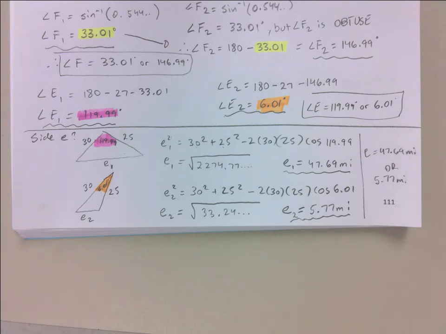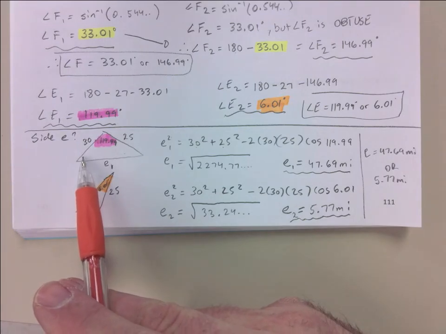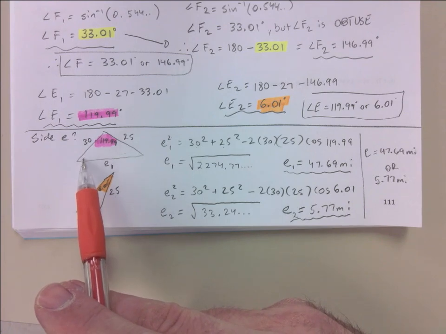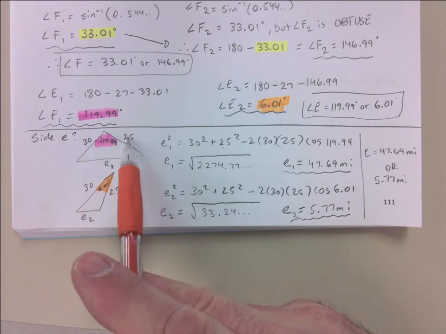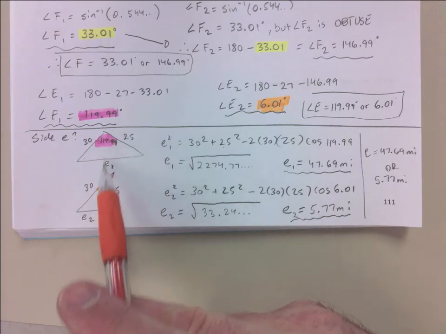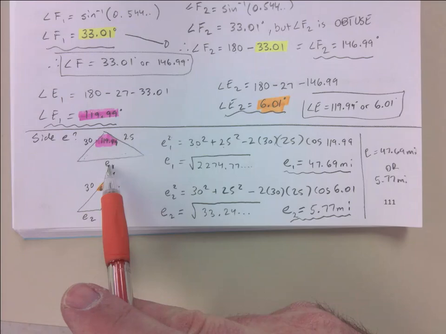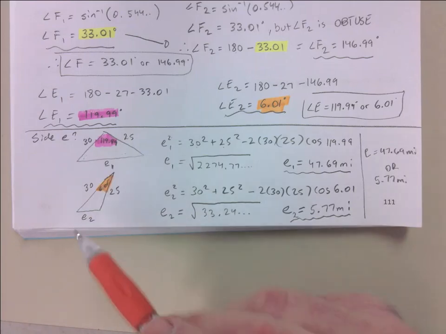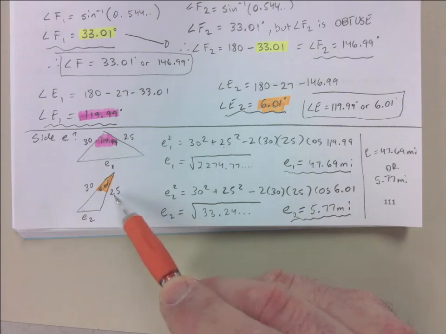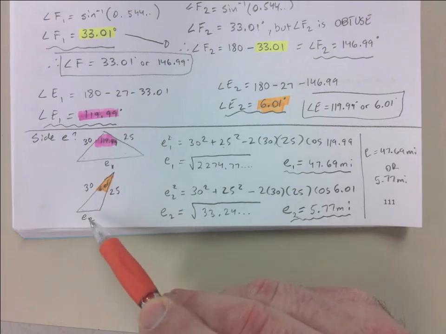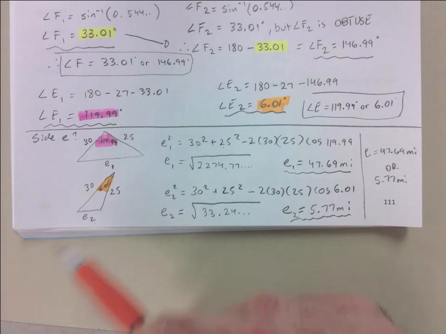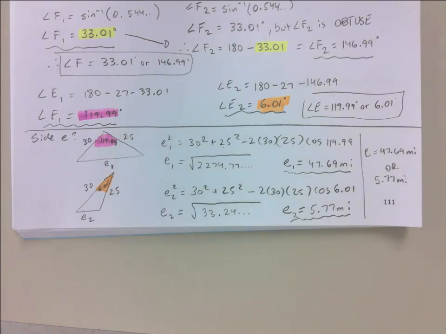But make sure you understand what this angle here technically is. What's this one? 27, right? 27, so you have a pair. You could use that pair and then use this angle to solve for that side using sine law if you wanted to. Same here. This is 27, 27 over that. And then this angle will allow you to solve for side E2. Not a problem at all. You're going to get the same answer, so you don't have to worry about that.